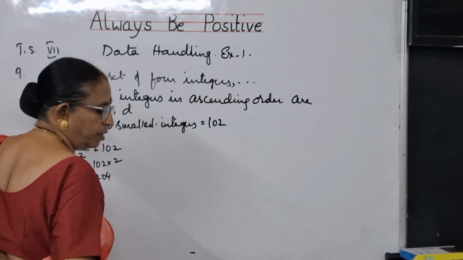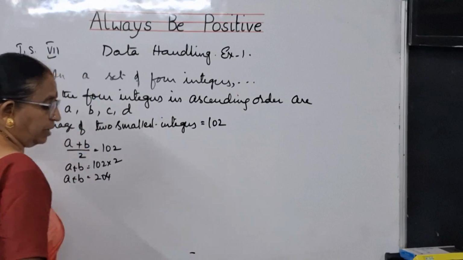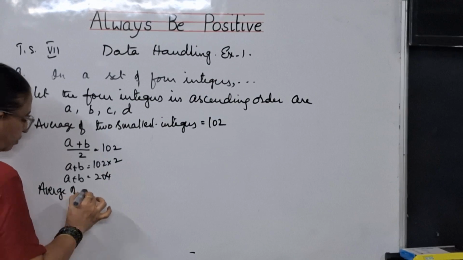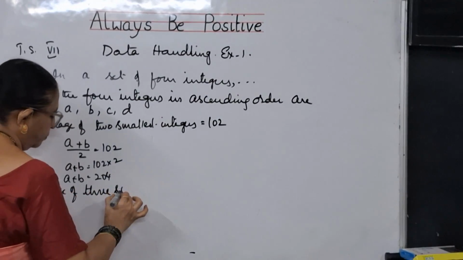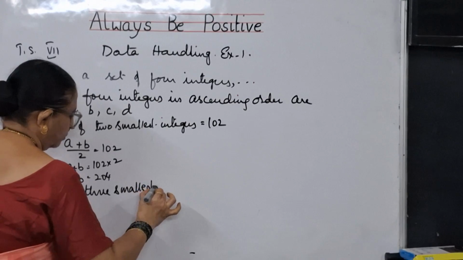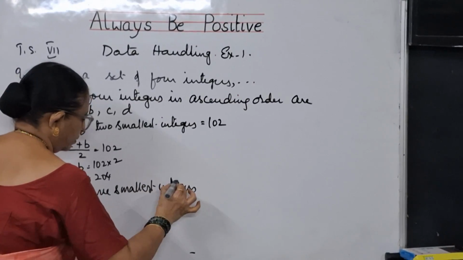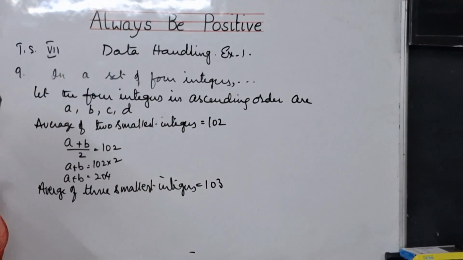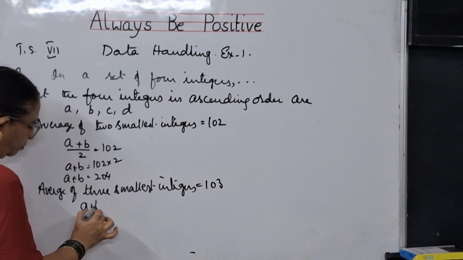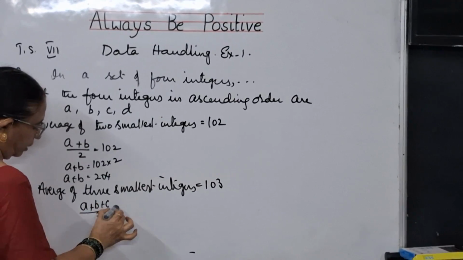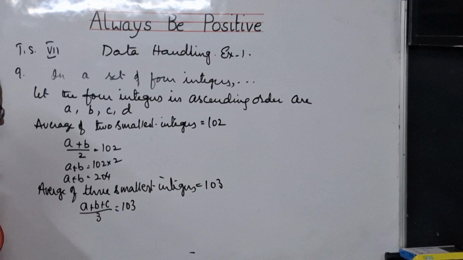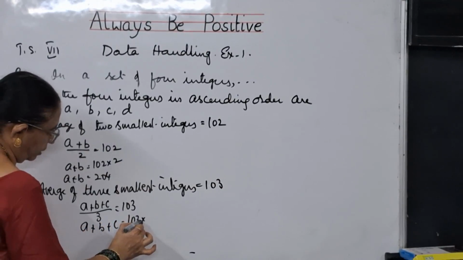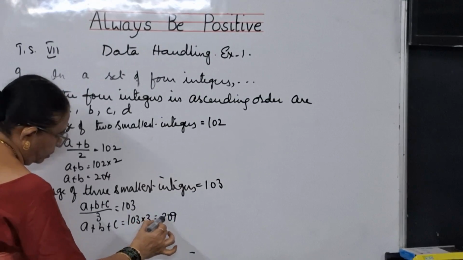Next, what they have given? Average of three smallest integers is 103. That means A plus B plus C by 3 is equal to 103. So, A plus B plus C is equal to 103 into 3, that is 309.